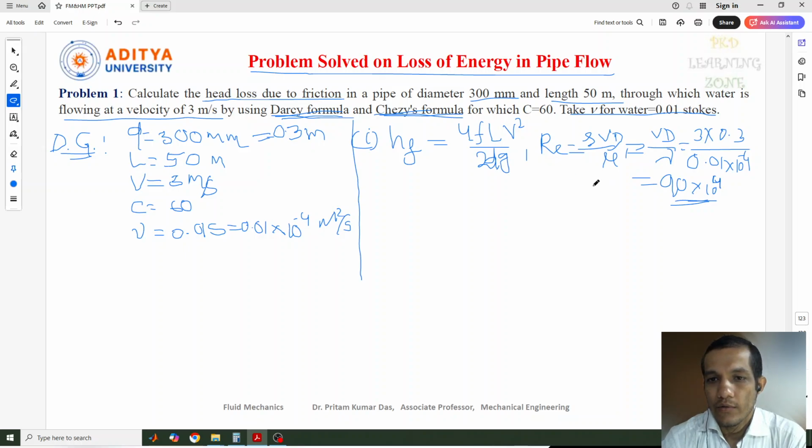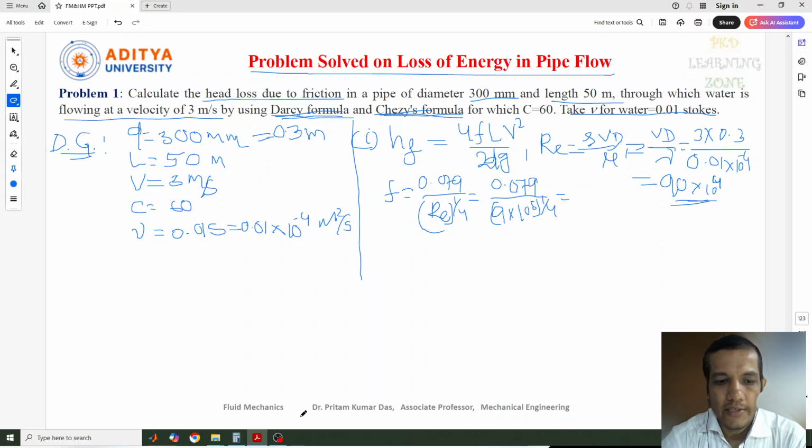Since the flow is turbulent, we can apply the formula for friction factor equal to 0.079 divided by Re to the power 1 by 4. We will get a very small value, because it is 0.079 divided by 9 into 10 to the power 5 to the power 1 by 4.